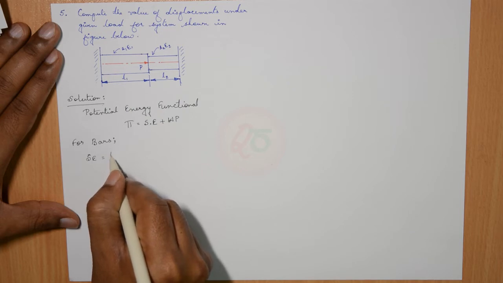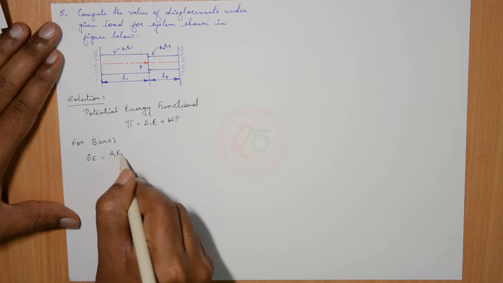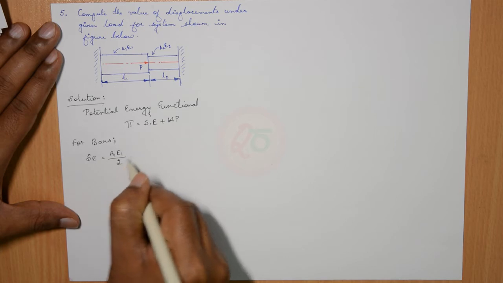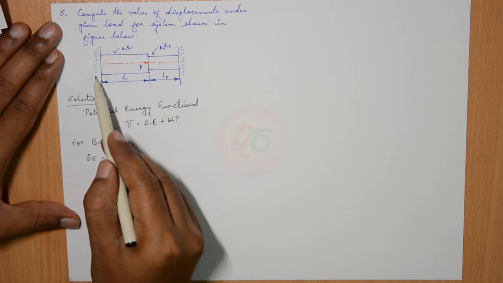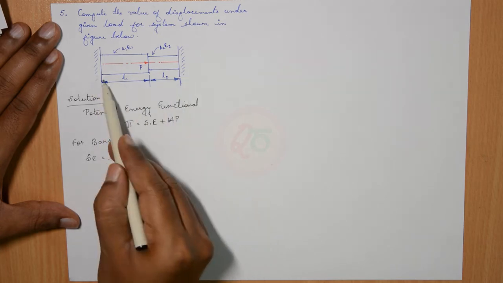it becomes A1 E1 by 2, integral 0 to L1, taking the measurements from left to right.